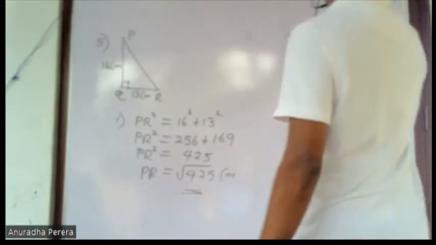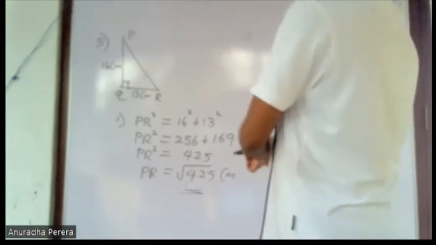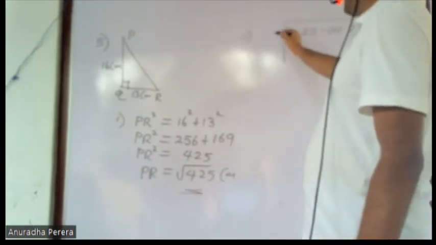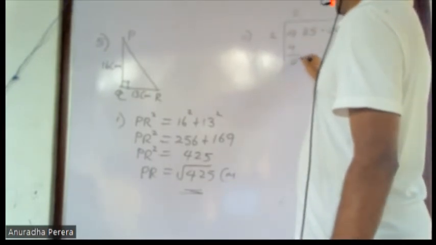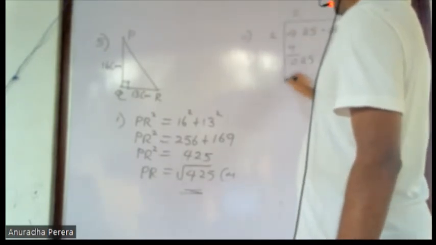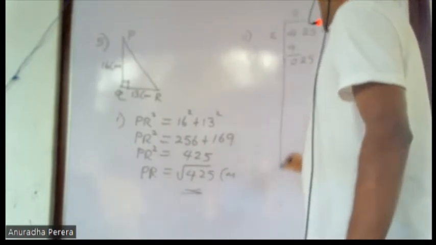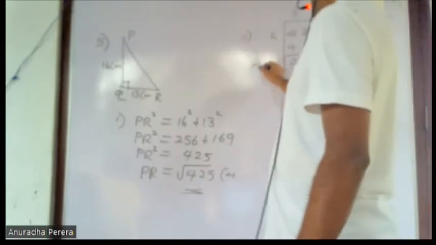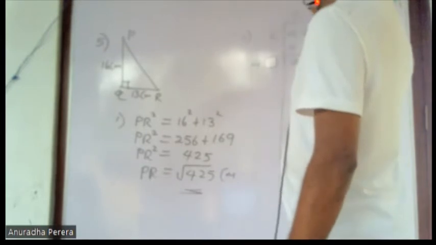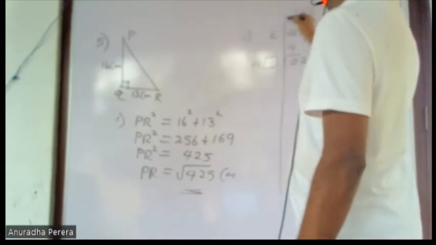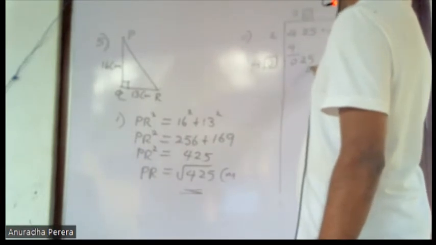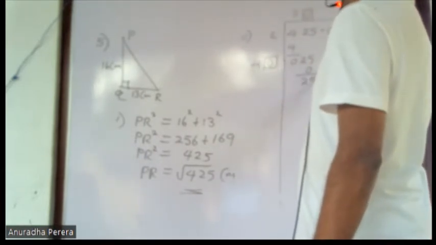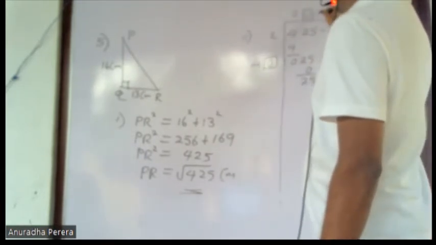The complete square less than 4 is 4. 2 into 2, 4. Subtract, take 25. Twice of 2 is 4. This one is 0. Subtract 25.